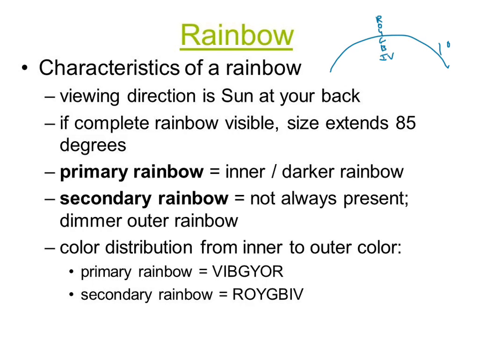And I'll do a number 1 with the circle for my primary rainbow. Then if there is a secondary rainbow, it will be outside and it will connect up the reds. So if this is my secondary rainbow, it goes the other way: red, orange, yellow, green, blue, indigo, violet, going out that way.